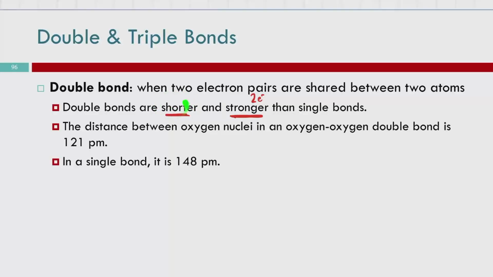Right, so double bonds are shorter. They're also stronger than single bonds. The distance between oxygen nuclei in an oxygen-oxygen double bond is the very short 121 picometers. Compared to a single bond, which is just 148, which is longer, picometers. So we'll stop there and pick up next week.